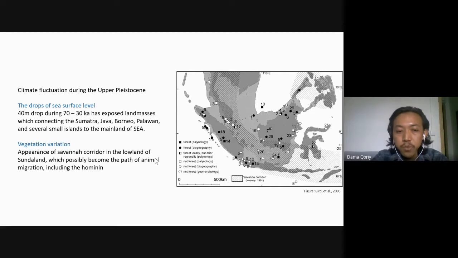This palaeontological data shows that this area where the sample has been recovered had the vegetation of open woodland and non-forest vegetation.